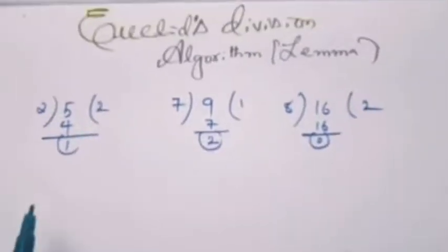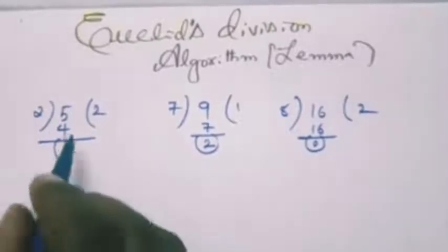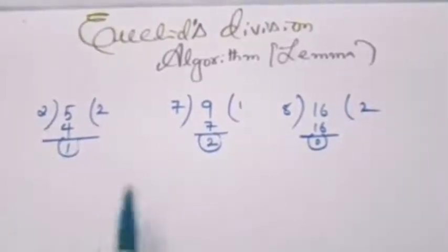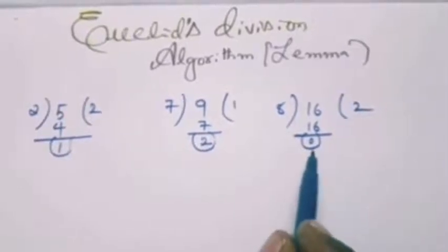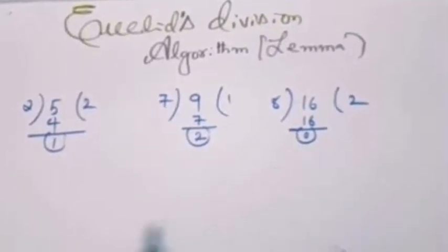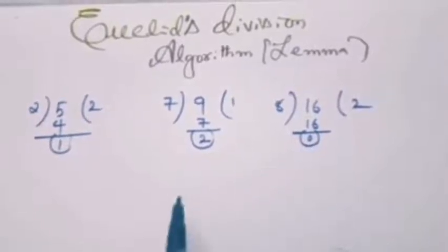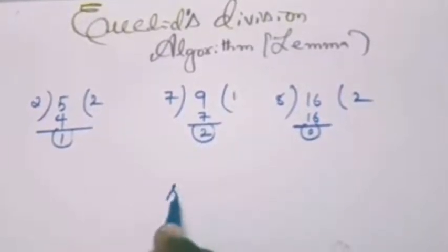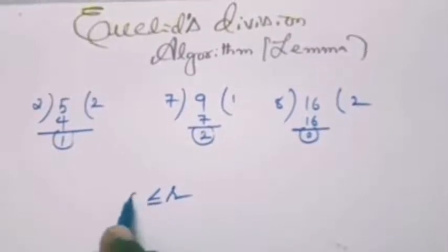Let's look at these three examples. What you observe is that the remainder is never less than 0. Remainder is always greater than or equal to 0.